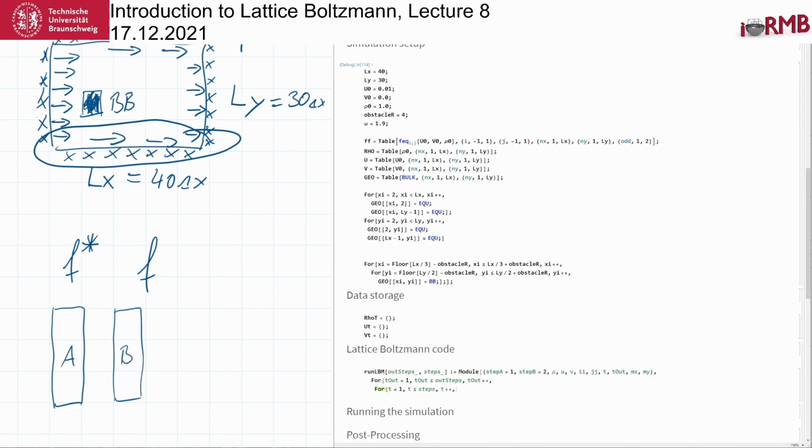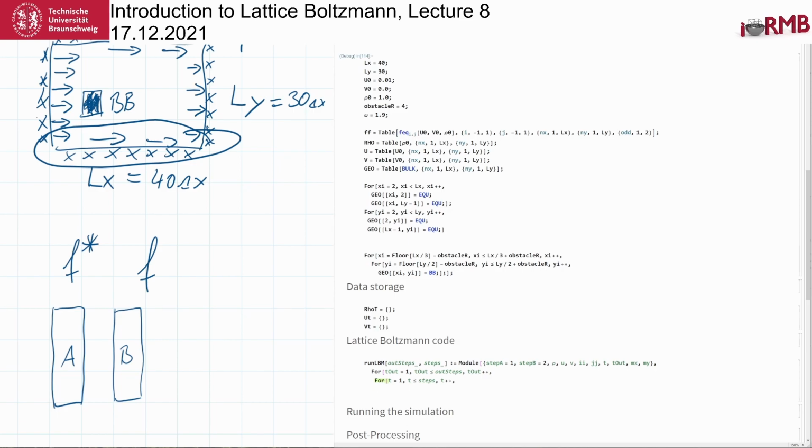Okay, so now these are the outer loops. So what's the first thing that we are going to do in the loop now is to generate our density and velocity fields. In practice, this is not necessarily the fastest way of writing such a code.